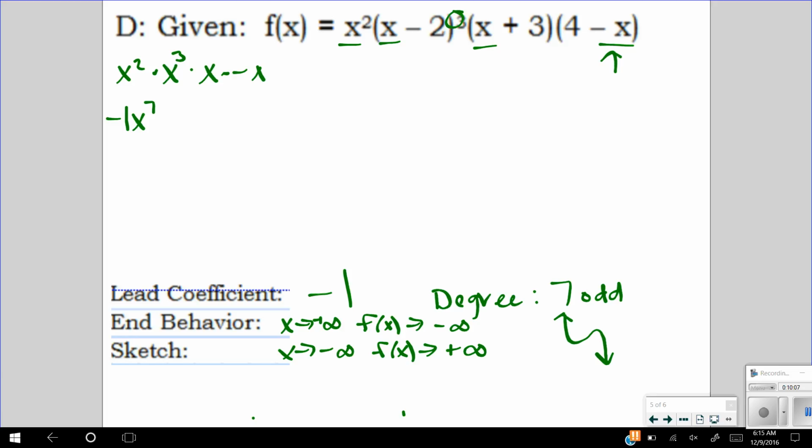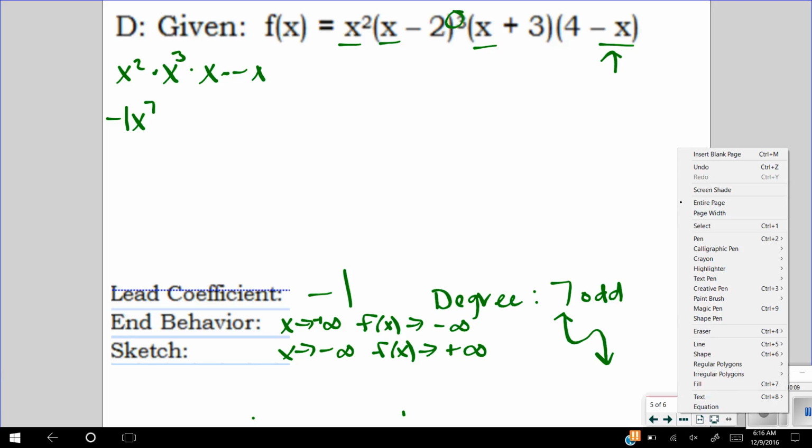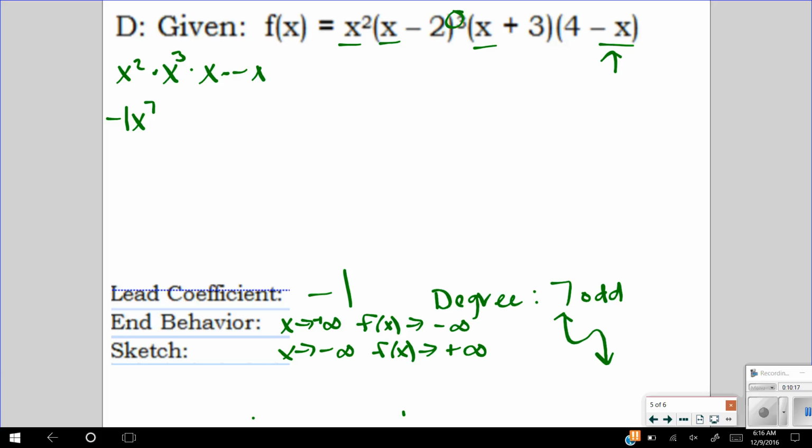And now we need to sketch. So I'm going to identify my zeros and whether or not they are touch or cross points. So here for x squared, x would equal 0. And since it's squared, it's going to have an even multiplicity, which means that it is going to be a bounce point.